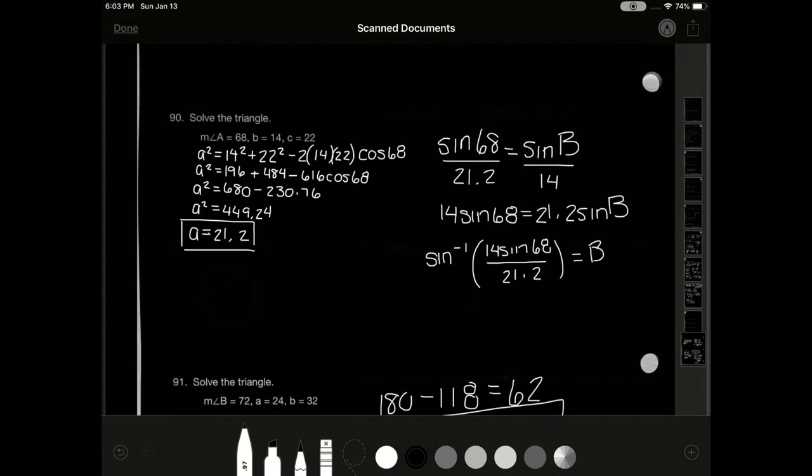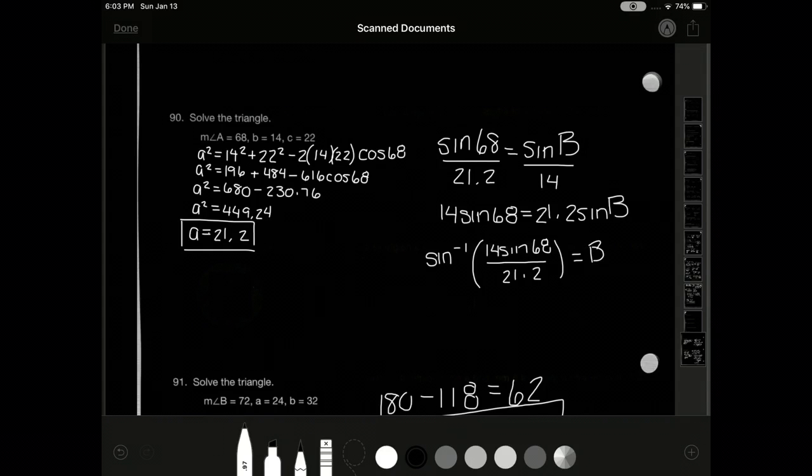So if I do this step by step just without writing anything down, I get 14 sine 68. That's 12.98 approximately. And I'm going to divide by 21.2, which is 0.61229.